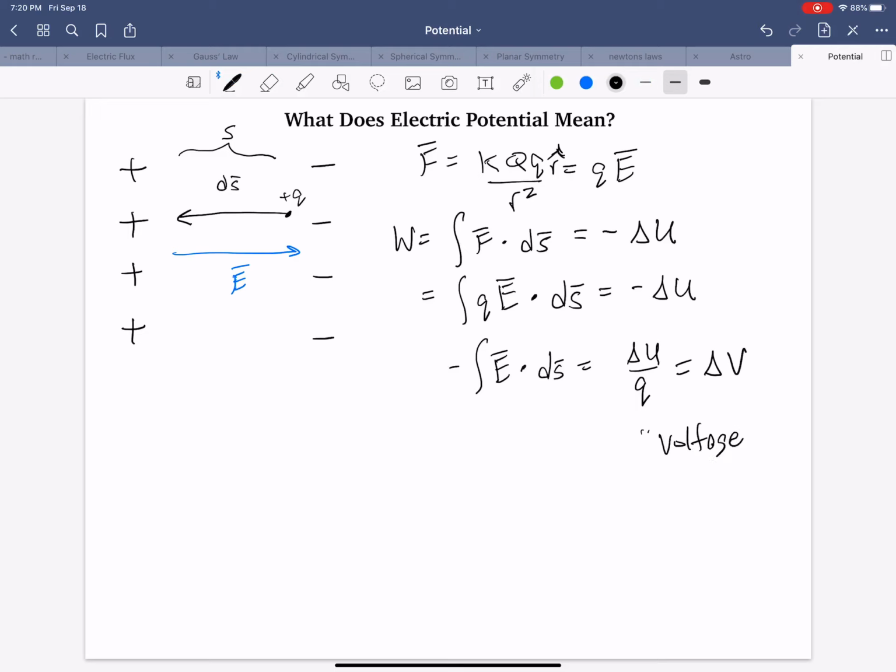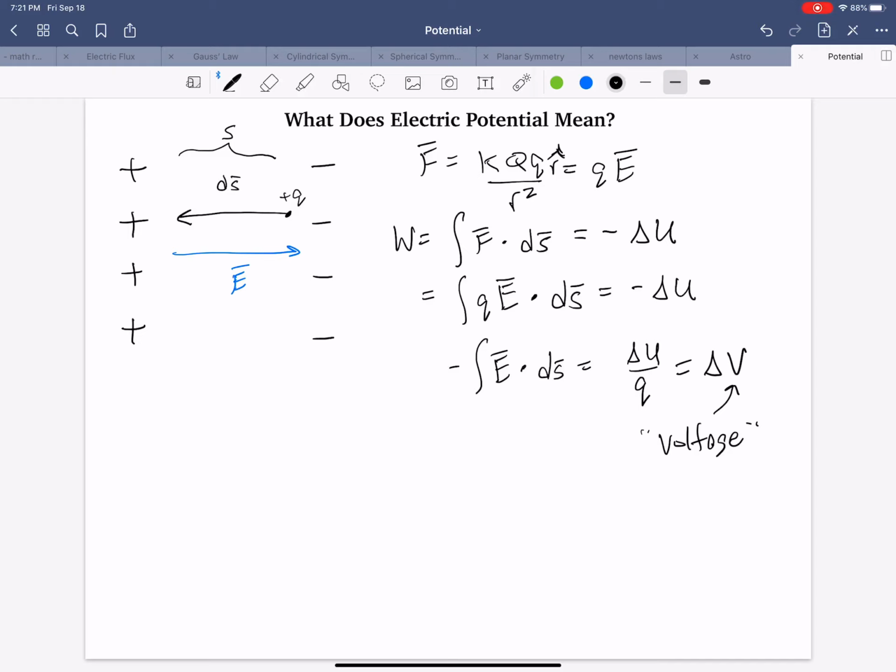Those two terms are interchangeable. Electric potential and voltage, same thing. So that's why we give the variable for the potential capital V, after voltage. It's measured in units of volts. And so a voltage is the ratio of the change in potential energy per particle, okay?